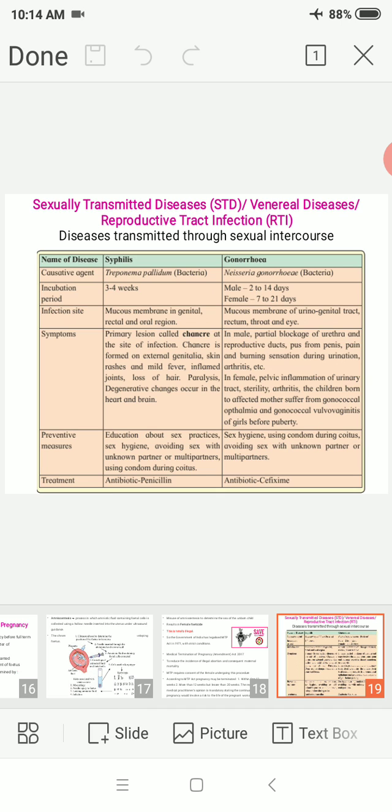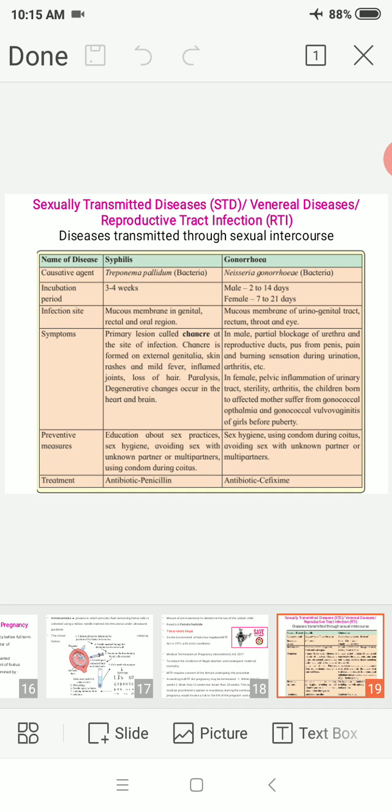Some of the diseases: the names of the diseases are syphilis and gonorrhea. Causative agent: Treponema pallidum, which is a bacterium, and for gonorrhea, Neisseria gonorrhoeae, which is also a bacterium.